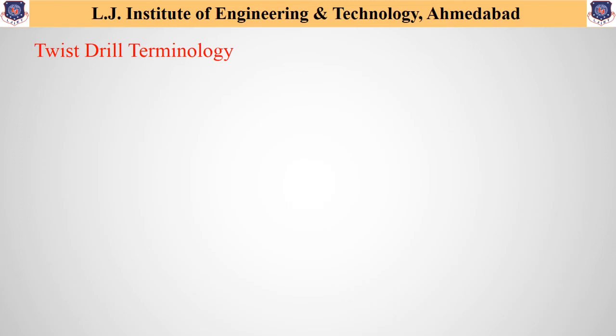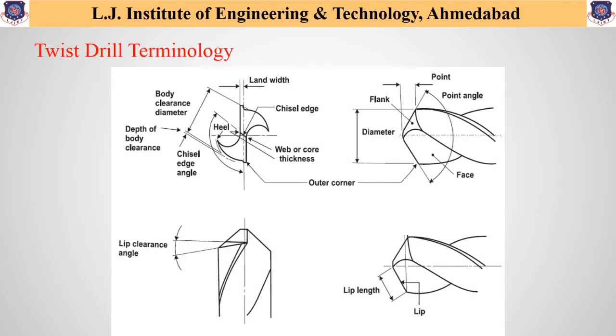Similarly, let's have a look at another figure to understand the twist drill terminology. As one can see, this particular point is indicated as the point, and this point is the conical end of the drill, which can be seen from the figure, and it is shaped to produce the lip, face, flank, chisel edge or dead center.